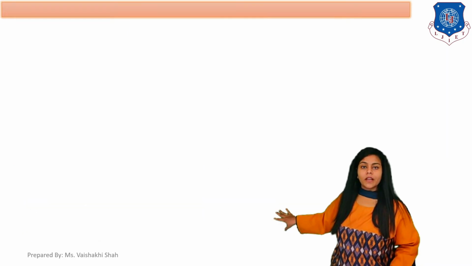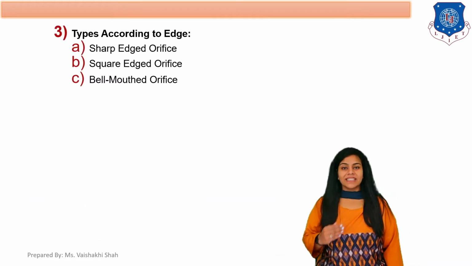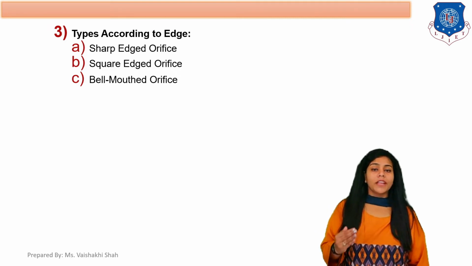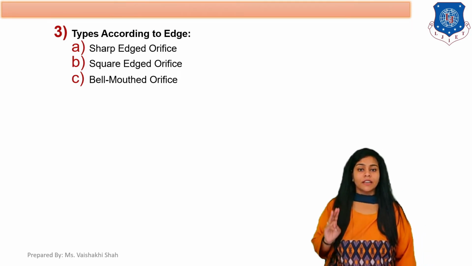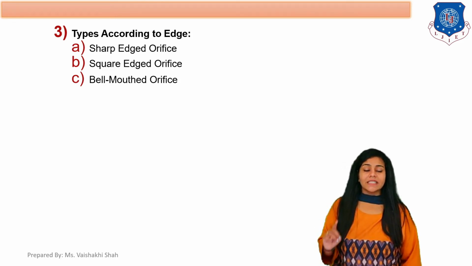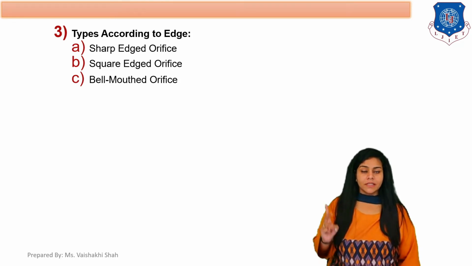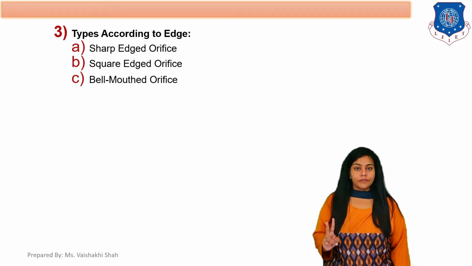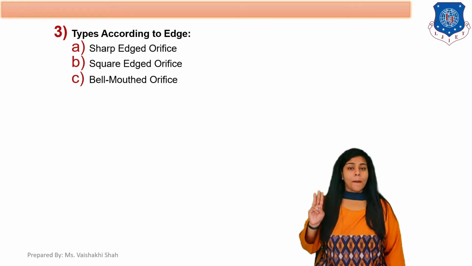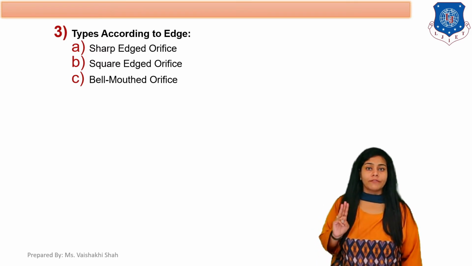Now the third type of orifice is according to edge. There are 3 types: first is sharp edged orifice, second is square edge orifice, and third is bell mouth orifice.